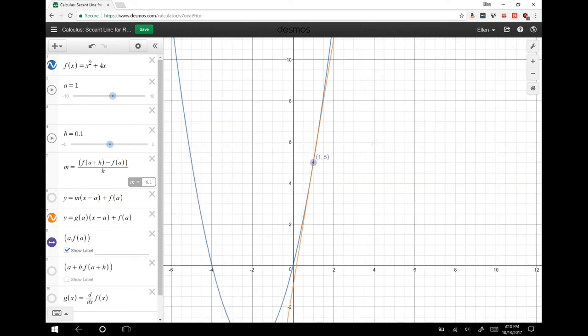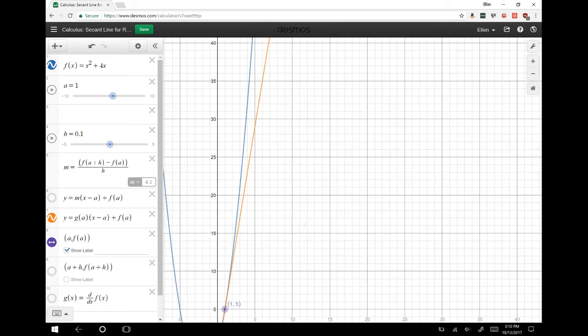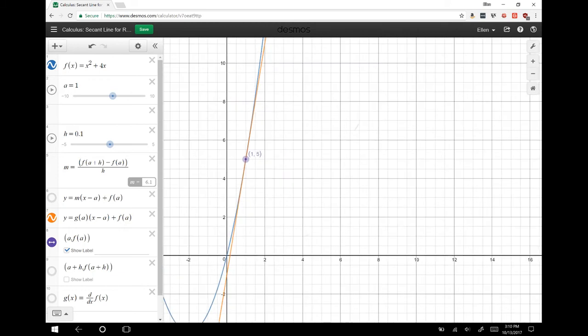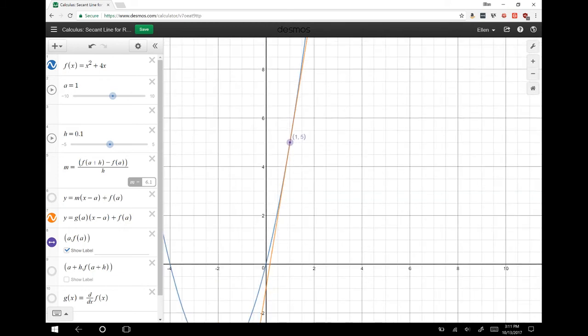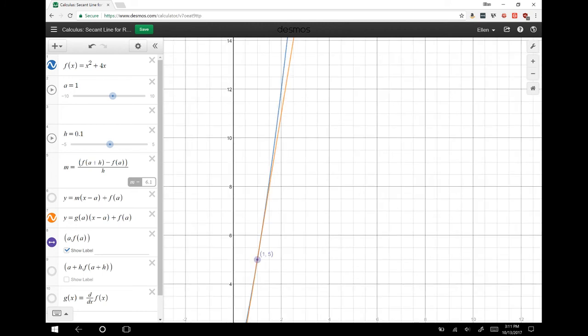If I zoom out, you can see that that line is not the same as the curve, but when I zoom way in, woo, this is all over the place. When I zoom way in, that line looks really, really close to the curve. So this is what's called the tangent line. And what we can see is, as our value of h gets smaller and smaller and smaller, the secant lines approach the tangent line.